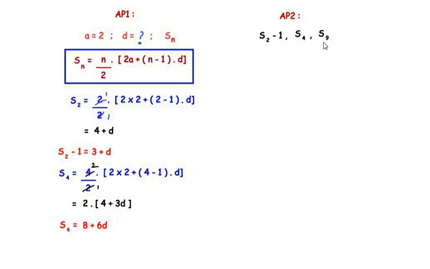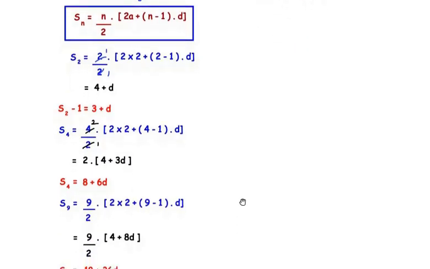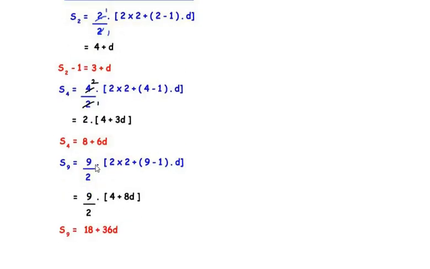Now finally let us find S9. So here we get S9 is equal to, now n is equal to 9, so 9 over 2 times 2 times 2 plus n minus 1 becomes 9 minus 1 times d. Now simplifying this we get 9 over 2 times, now 2 times 2 is 4 plus 9 minus 1 gives us 8 times d. Now this 2 is a common denominator for 4 and 8 as well.